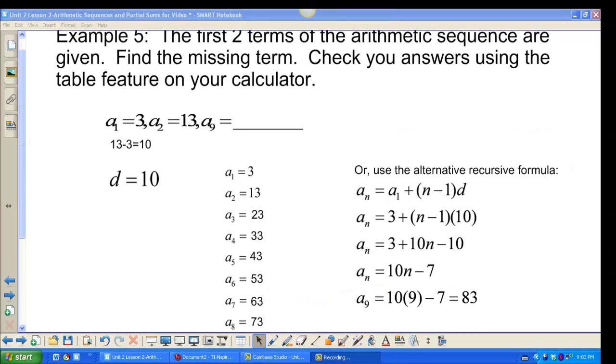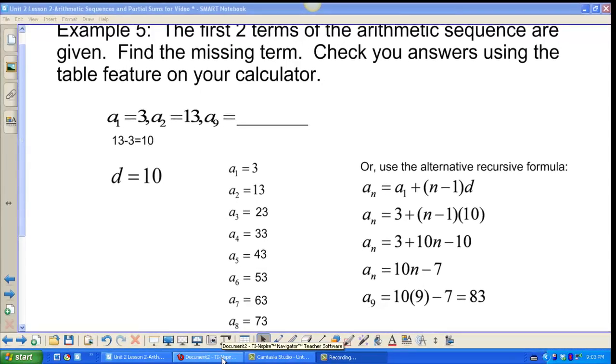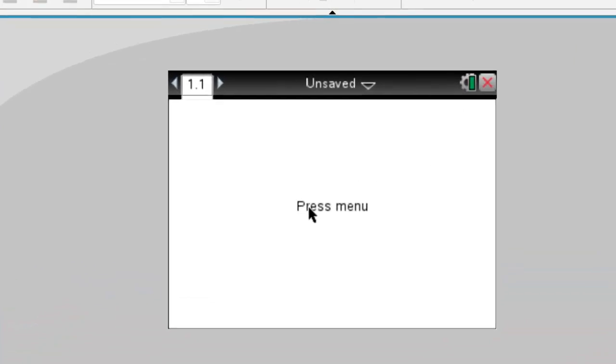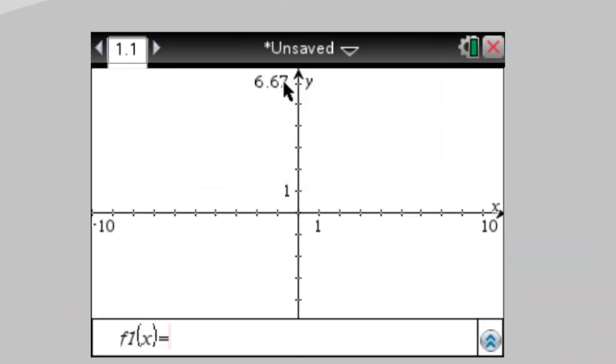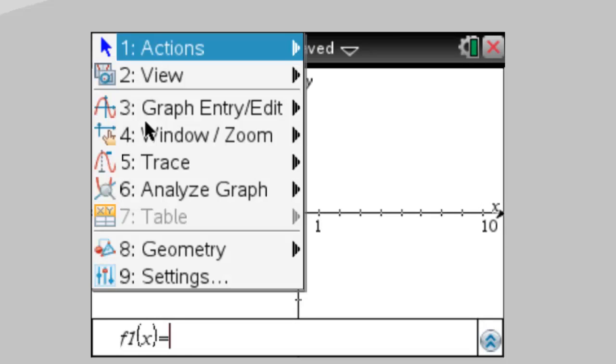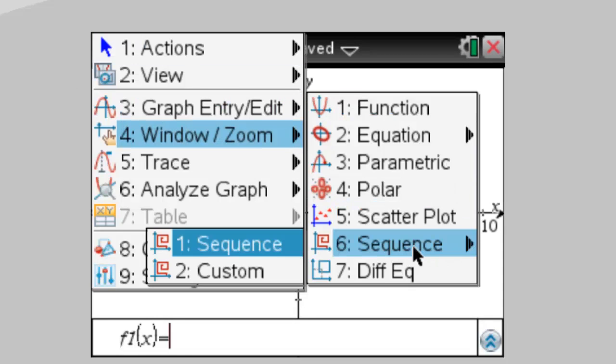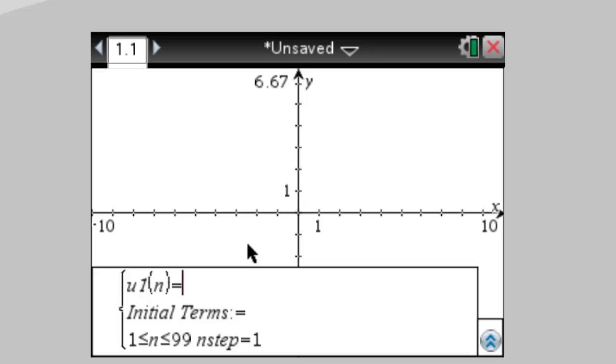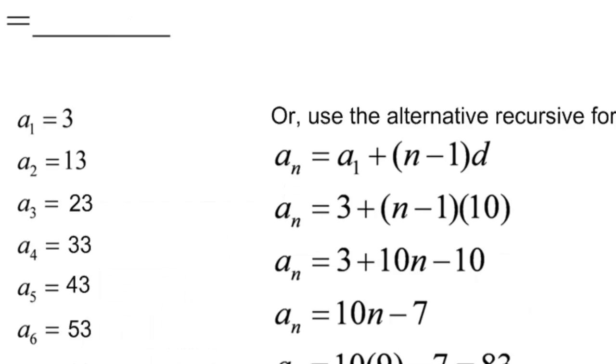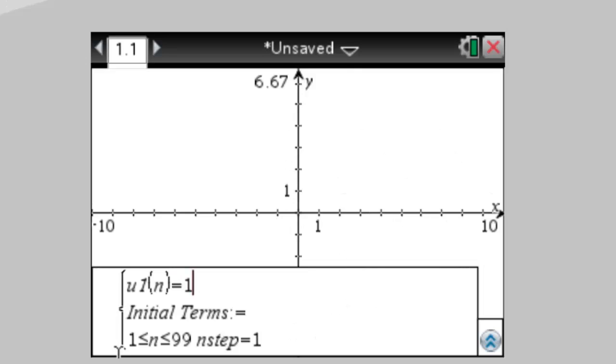Now we can check our work on a graphing calculator. It's really up to you how you want to do it. You could use the table feature or the graph. So I can press menu, add graphs. I can change this to sequence mode. We found that our formula was 10n minus 7, so I'm going to type in 10n minus 7.